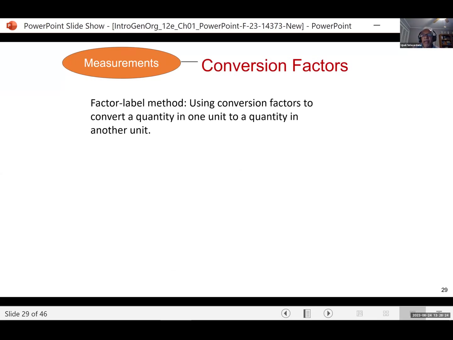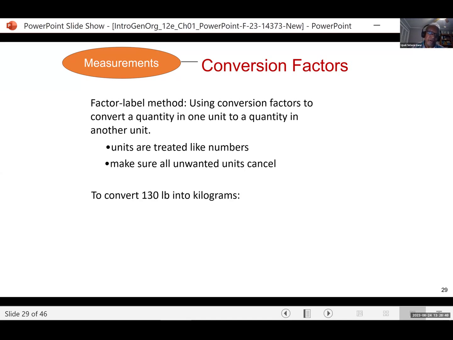The factor label method uses conversion factors to convert a quantity in one unit to a quantity in another unit. Units are treated like numbers. Measurements have a number and the unit. Units also could be treated as numbers. Make sure all unwanted units cancel when you do that. For example, how do you convert 130 pounds to kilograms?